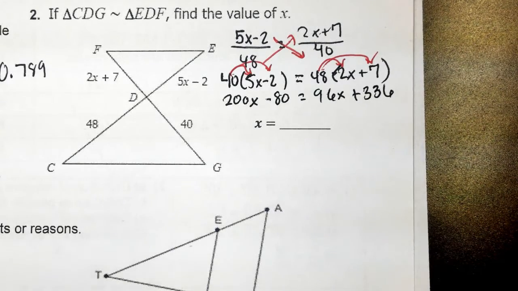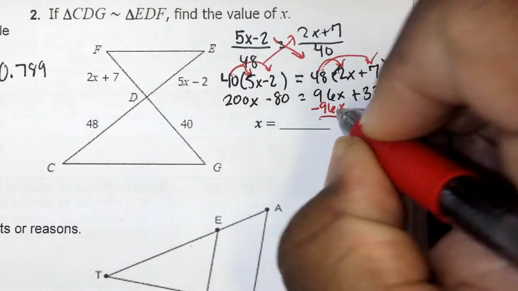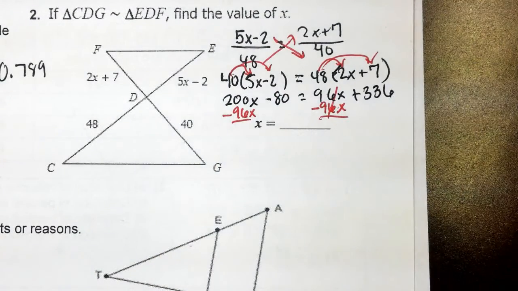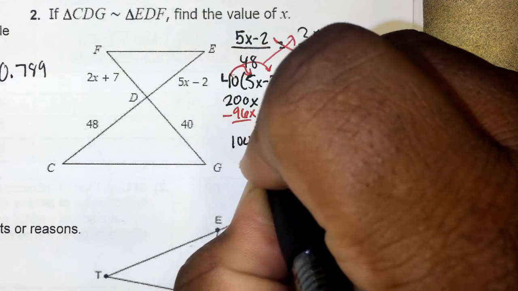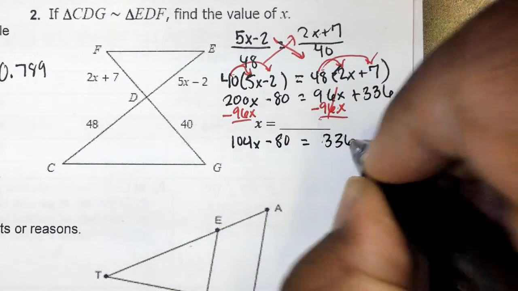And then from there, if you can make it to this point, it's just an equation with variables on both sides. You need to get the variable on one side first. I always move my smaller one. Been telling y'all that since the first day y'all met me. Cancel. 104x. Bring down 80 equals. Bring down 336.